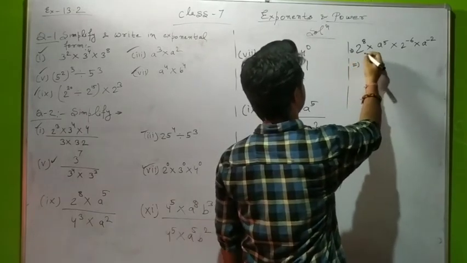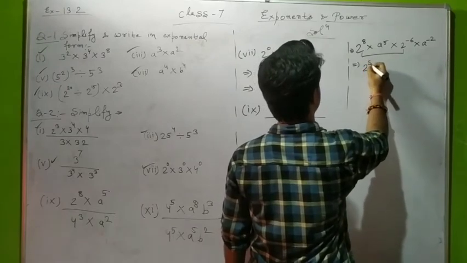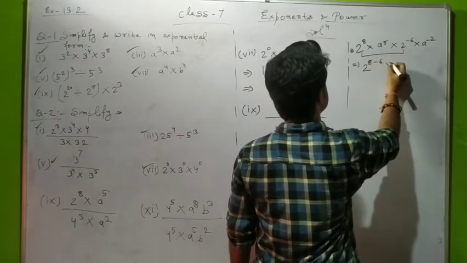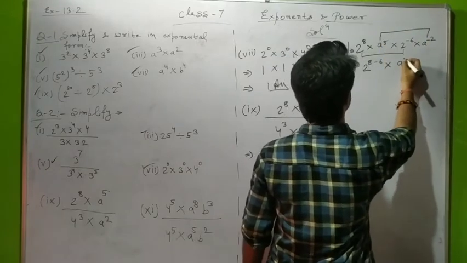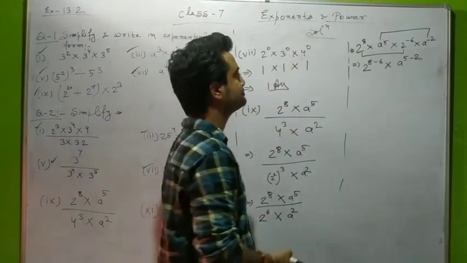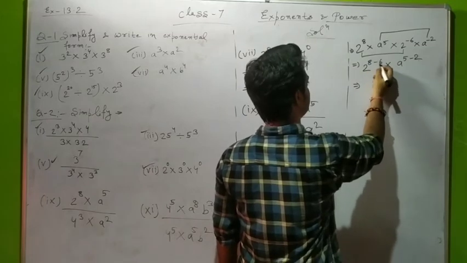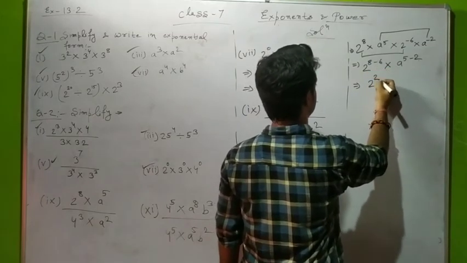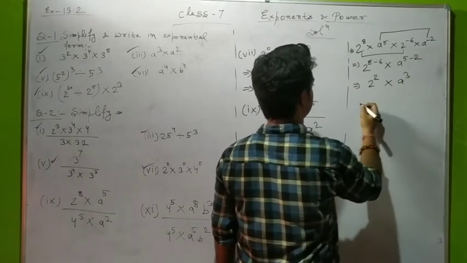Now we will combine the 2's. So it becomes 2 raised to the power 8 minus 6 into, on combining a's, it becomes a raised to the power 5 minus 2. Okay? 2 raised to the power 8 minus 6 becomes 2 square. 5 minus 2 gives us a cube.